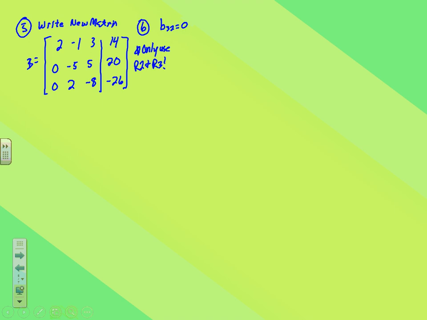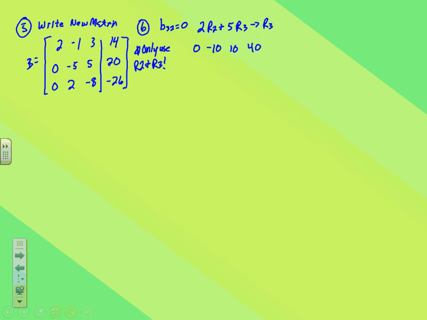The row operation is going to be determined by the -5 and the 2. The smallest common multiple of the -5 and the +2 is 10. So I'm going to take row 2, multiply that by 2, take row 3, multiply that by 5, and whatever that is will give me my new row 3. Multiplying the 2 to everything in row 2 gives me a 0, a -10, a +10, and a 40.